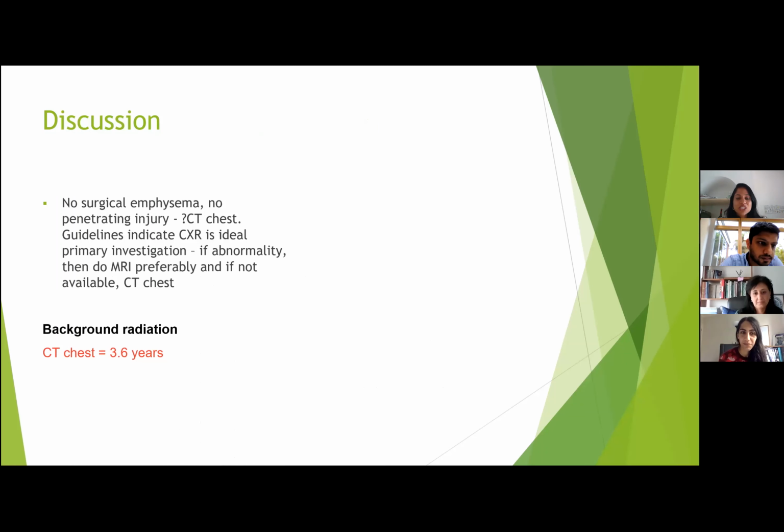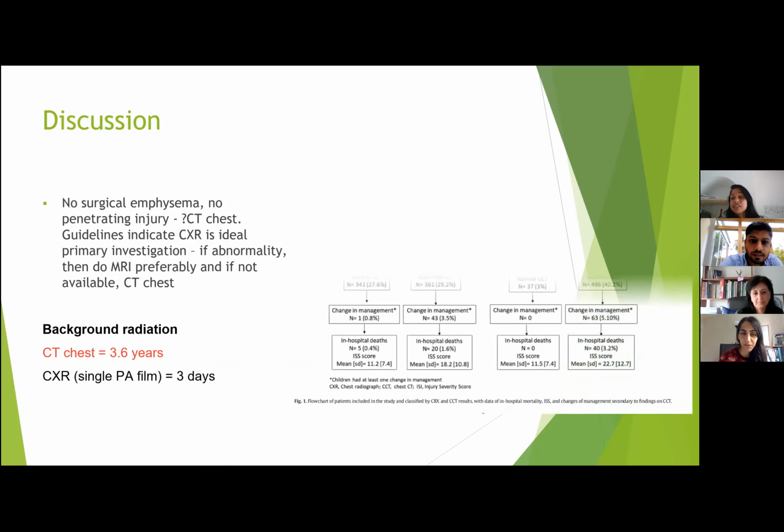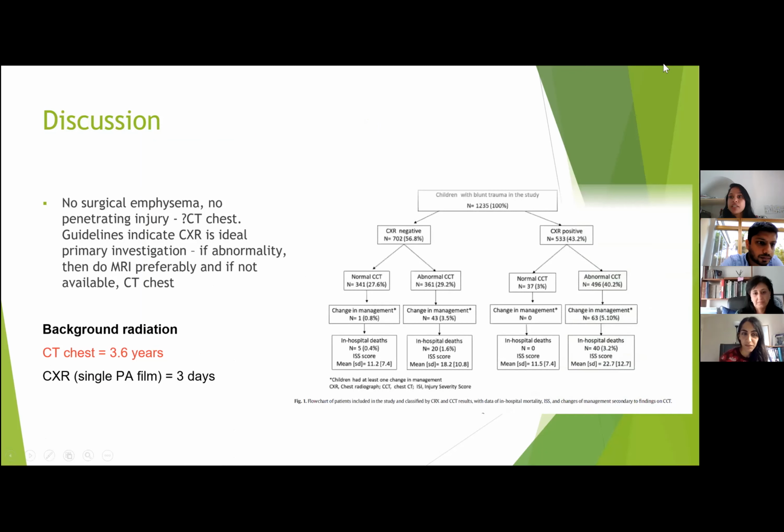And this was just to illustrate the point: there was a large multi-center trial in Houston last year where they looked at over 1,000 kids who had pediatric blunt trauma. They all had a chest X-ray and an abnormal CT. And about 40% actually had a positive finding on the chest X-ray, and this correlated with abnormal CTs.